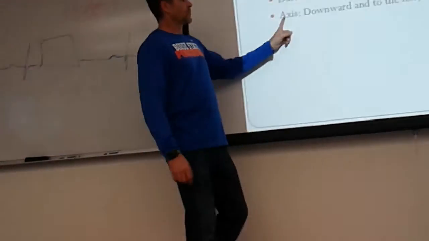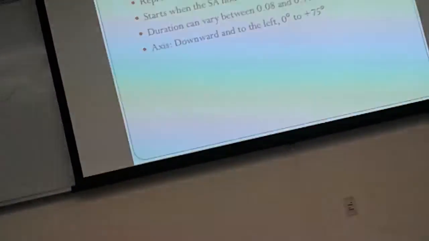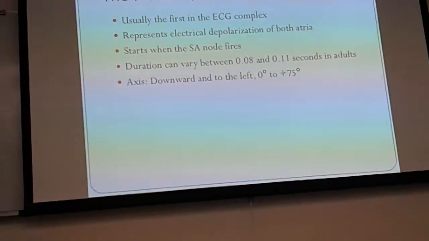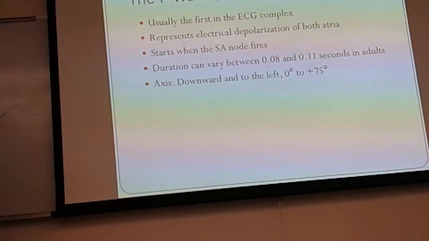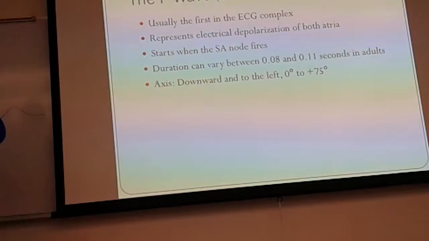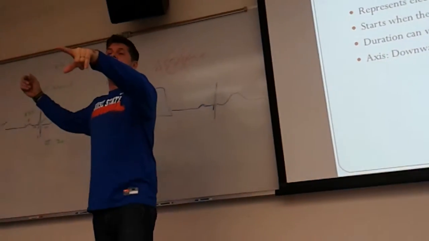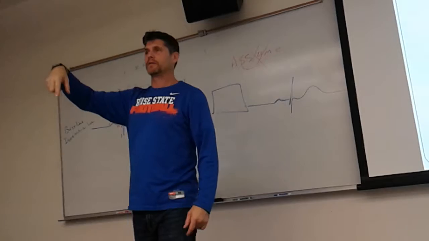The word axis, when we talk about axis, we are talking about the general and average direction that electrical activity is traveling. How many of you got to LCC today by driving south on I-5 before you got off on the exit? Fantastic. So there's a few of you. How many of you drove over 30th Avenue to get here?